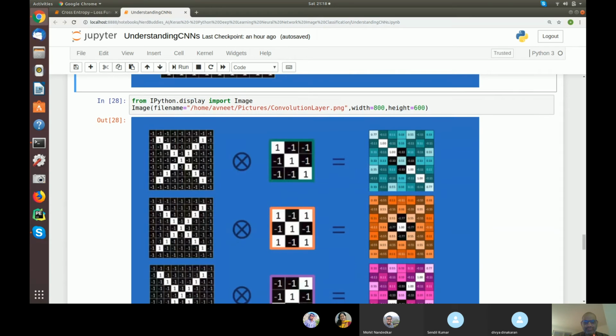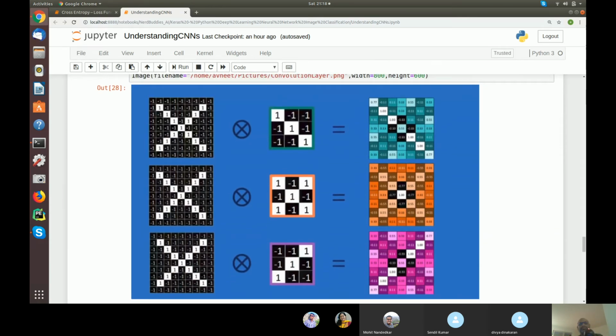So similarly, you have 3 different filters and you run them through the image, and you get 3 outputs that you see on the right. In the top one, as you might notice, the right diagonal values are the maximum because that's where the diagonal filter fits the best.